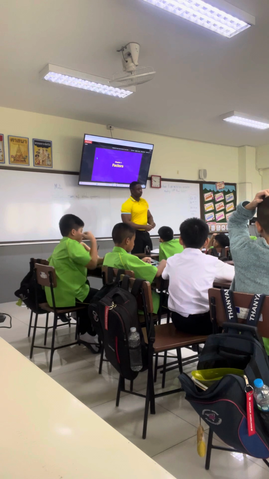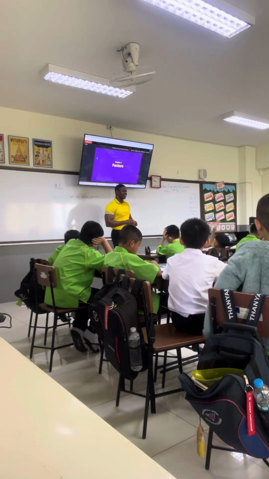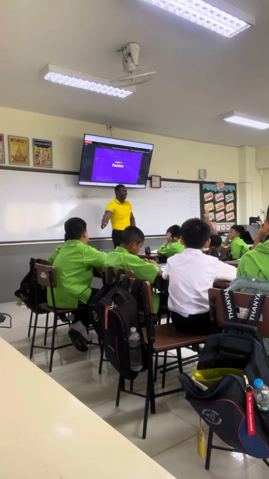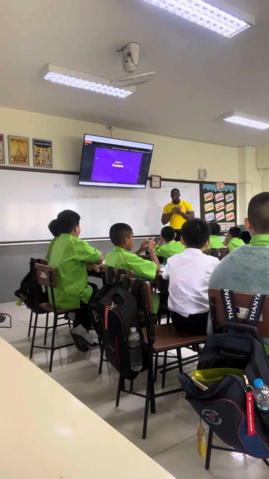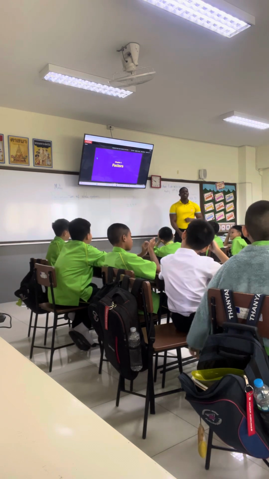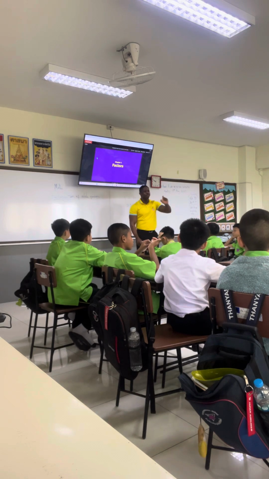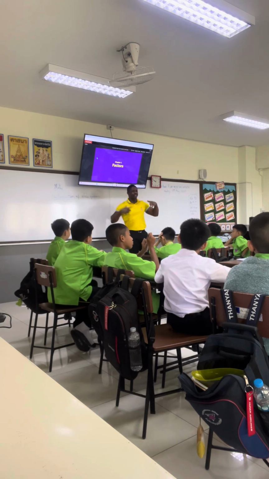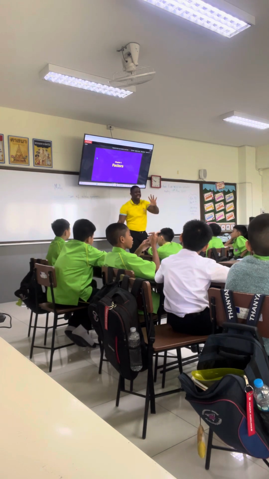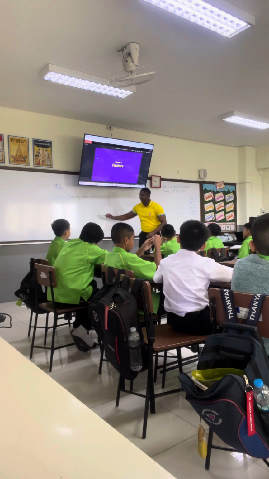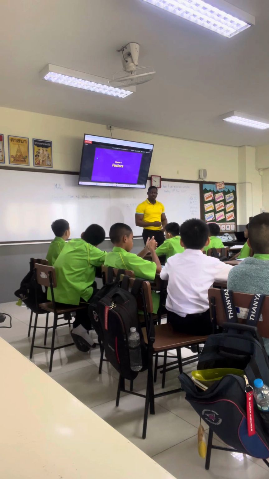So now I'm going to go with Nalin. Tell me, what is the prime factor? Listen to the question. What are the prime factors of the whole number 10? 2.